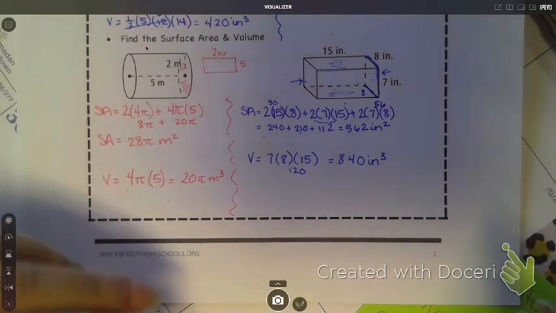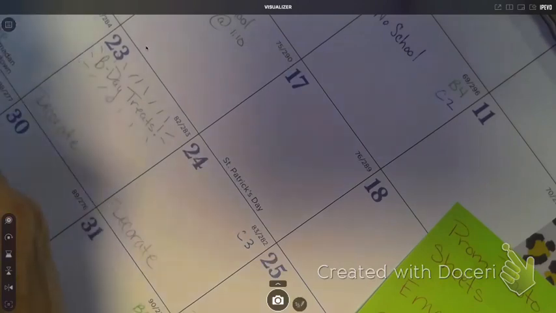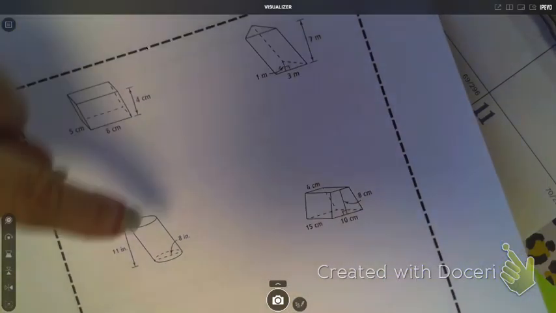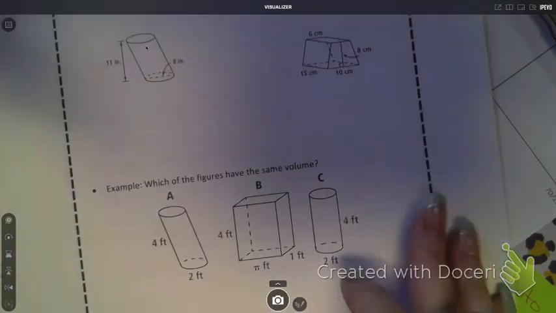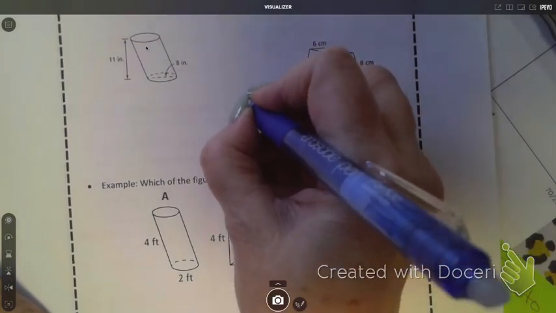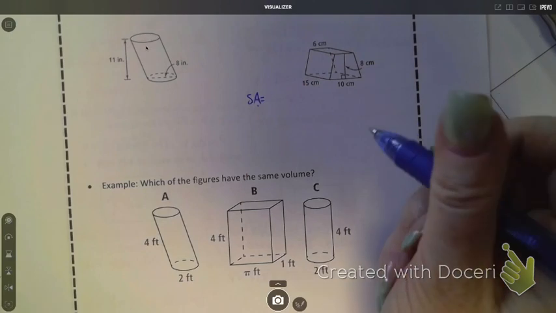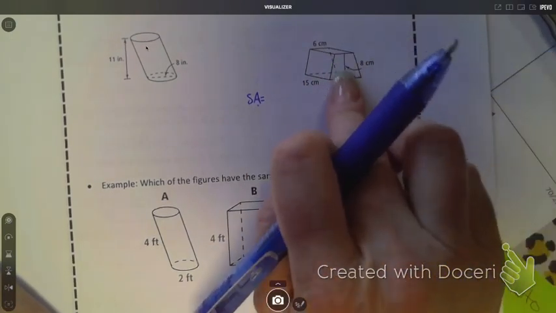So on the back, we just have different types of prisms. Which one do you think you want to do first? 1, 2, 3, or 4? 4. The trapezoidal? Yes, because it's a trapezoid. Okay. So, surface area. In this case, our base is the trapezoid.